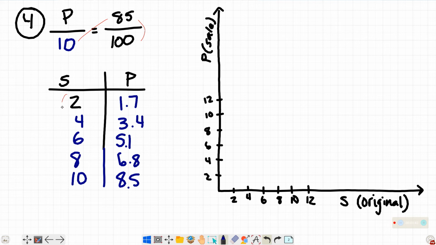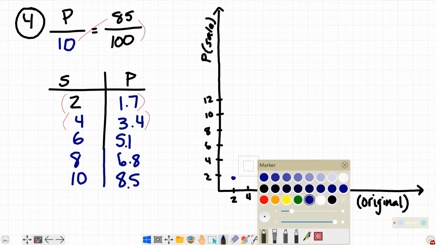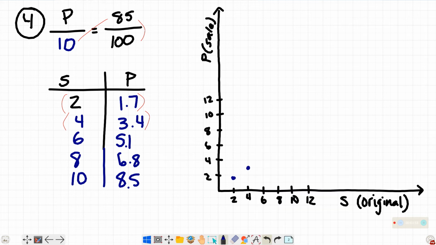So I'm going to do 2, 1.7. So over to 2 and up to 1.7, which is just under 2. Then I'm going to go over to 4 and up to 3.4. So in between 2 and 4 would be 3, but I want 3.4, so it's going to be just under halfway in between those. Then we're going to go to 6, 5.1.